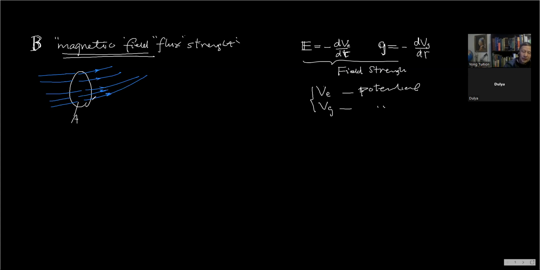Just like a pipe of water, the more water goes through the pipe, the higher the water flow is. So in this regard, magnetic field looks like something flowing, but it's not actually flowing. You can just imagine that something is flowing in the space.